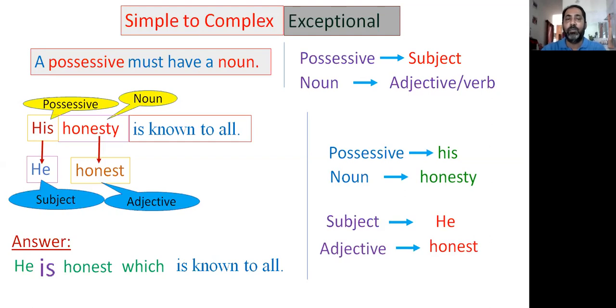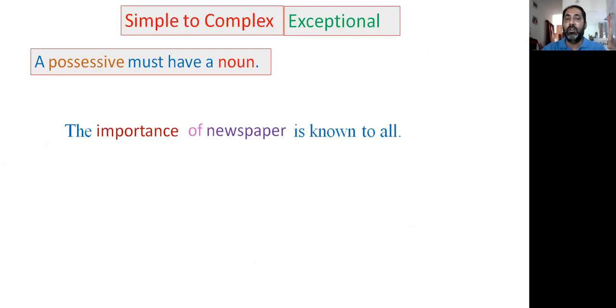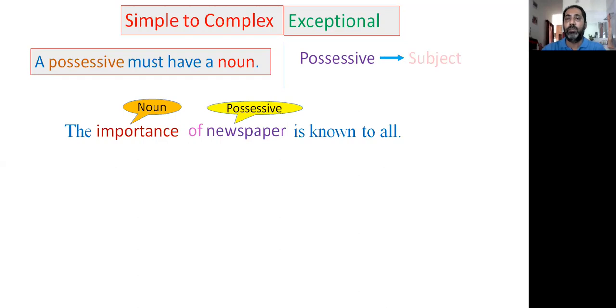Now another example for this. A possessive must have a noun, you know. Here: the importance of newspaper is known to all. Importance is the noun and newspaper is the possessive. If you see any noun after "of", then it is the possessive. So what will I do? I shall make the possessive into the subject and the noun into an adjective. Newspaper is the possessive and this is the subject.